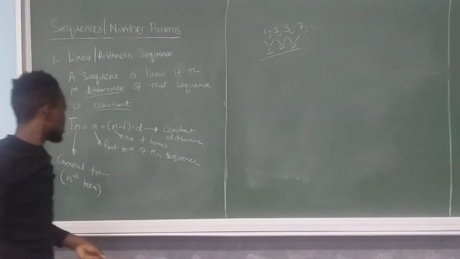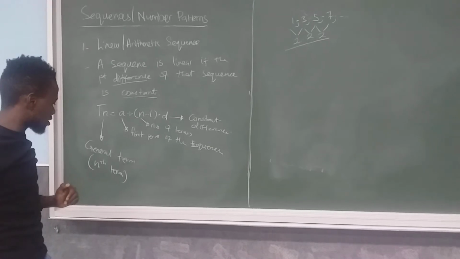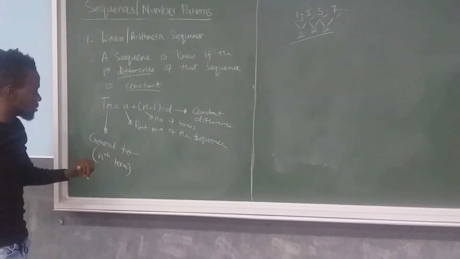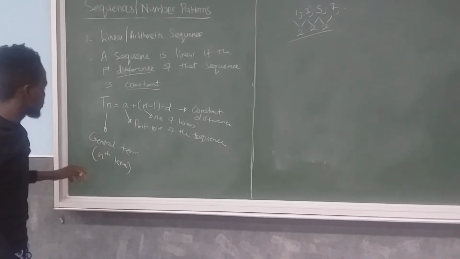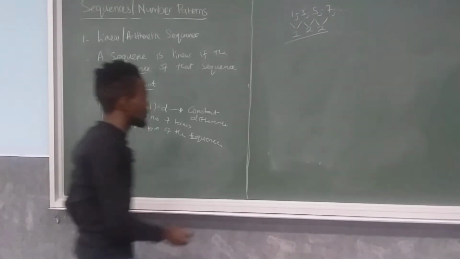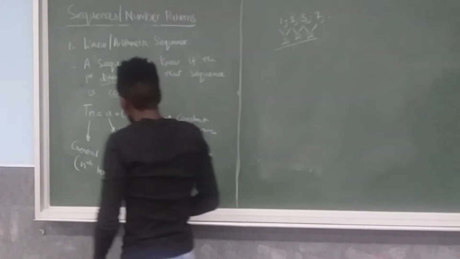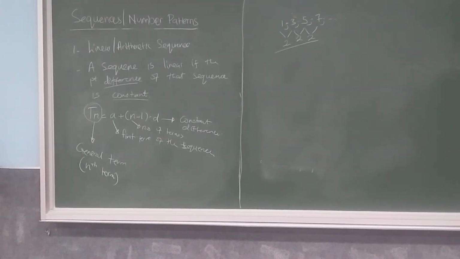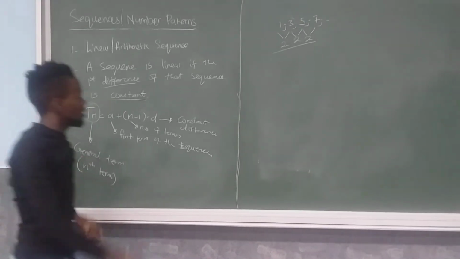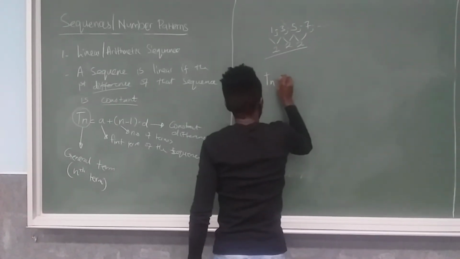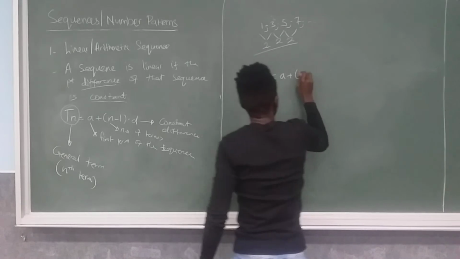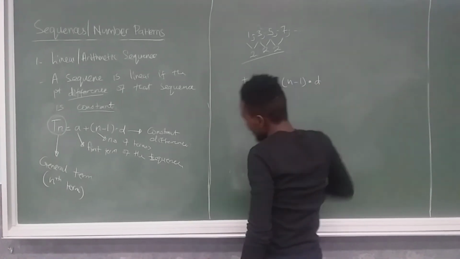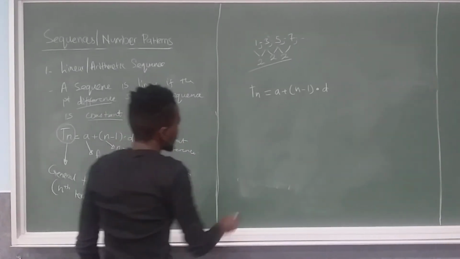Okay? Now let us say an examiner asks a question and says, calculate for us the general term of this sequence, or the nth term of the sequence. I've told you that Tn is the general term itself. So Tn equals A plus (n minus 1) all multiplied by d.